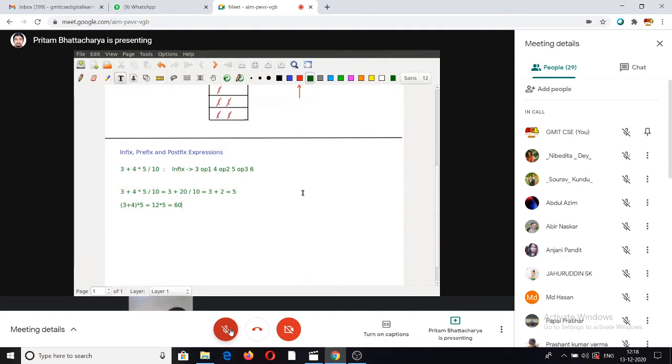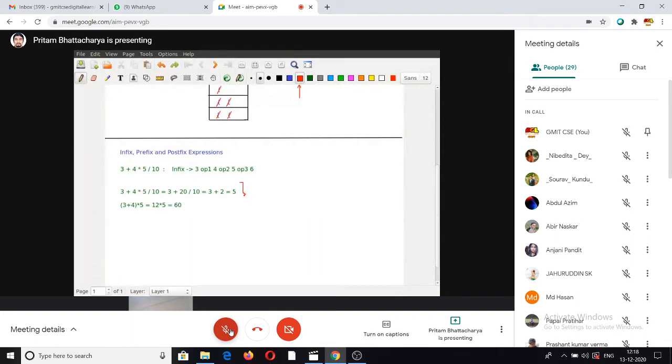Now let's see how postfix expressions work, and you will see immediately why there will be no need for parentheses there. Let me show you the corresponding postfix expressions for these two infix expressions, and then I'll explain.